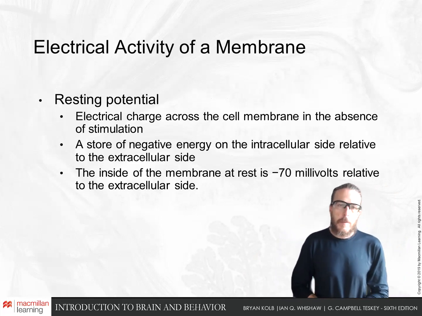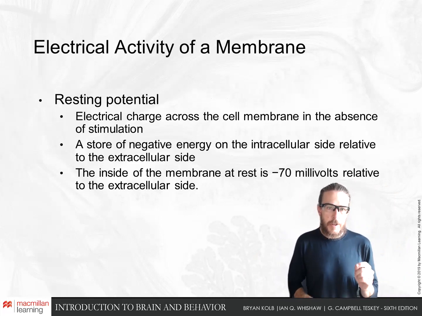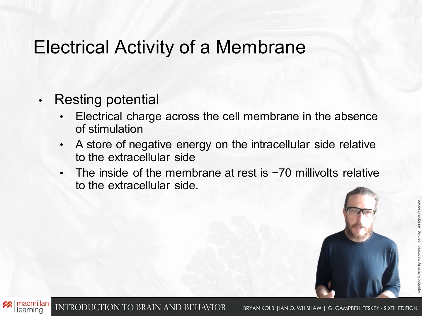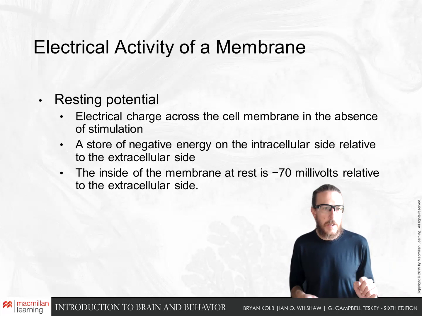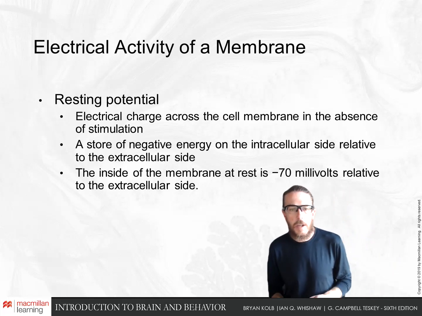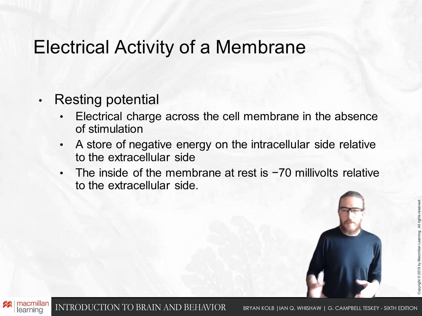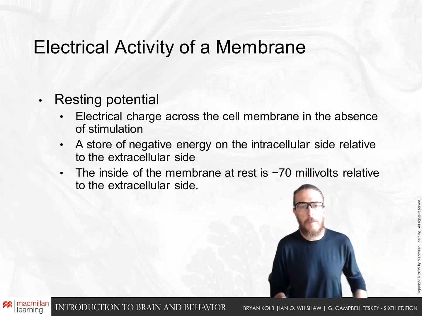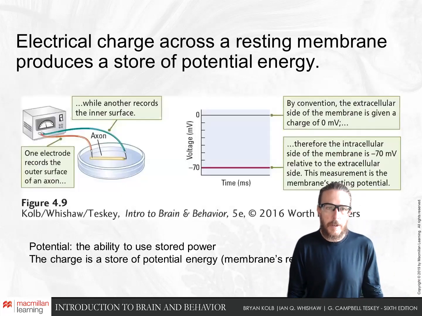So when we do this at rest and we measure the electrical potential between the inside and the outside of the cell, and we don't stimulate the neuron at all, we see that the neuron is storing negative energy on the inside compared to the outside. And if we say that the outside is 0 as a reference, then the inside of the cell is usually around -50 to -70 millivolts more negative than the outside.